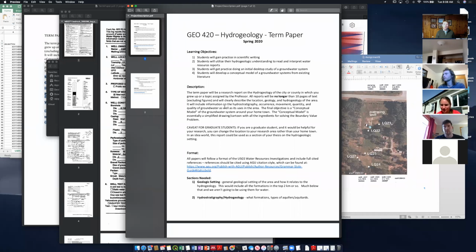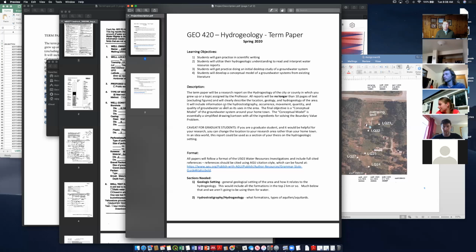All right, so the default is the place where you grew up. I have a caveat here. So if you're a graduate student, there's a few of you in class, I actually think that for many of you, it would be very helpful for your research to do this for your research area. All right, so this would be creating and developing your hydrogeologic conceptual model for your research area, rather than where you grew up.